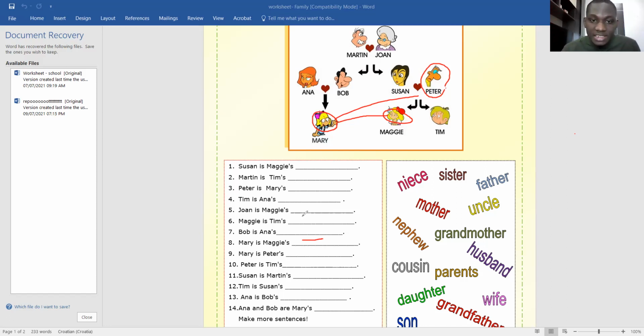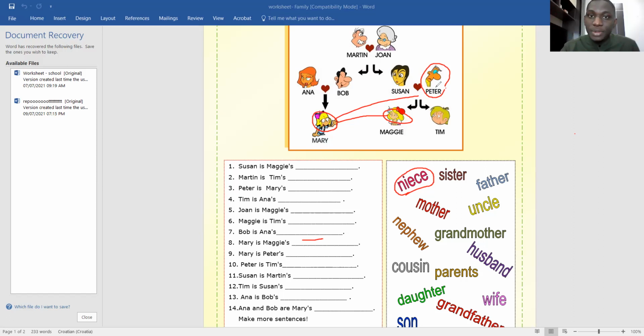So do you want me to write it? Mary is Peter's what? Peter's niece, right? So Mary is Peter's niece. Niece in Thai is หลานสาว. Mary is Peter's niece, right?